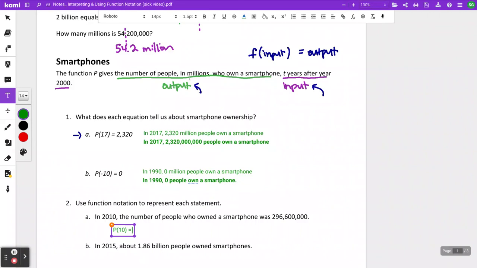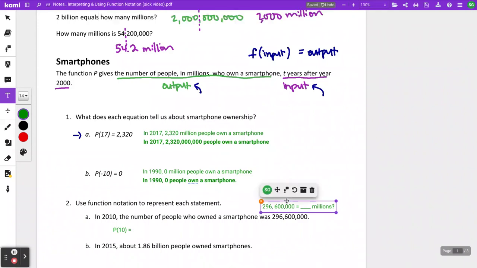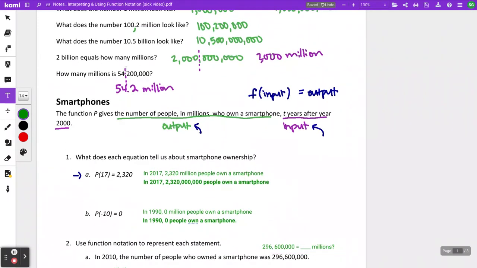Similarly, my output, remember, is the number of people in millions. So I have to think about this number here, 296,600,000 equals how many millions? You did something similar to that up here in the warm-up, specifically this last question where I gave you that number there, the 54,200,000, and I asked you how many millions that was.